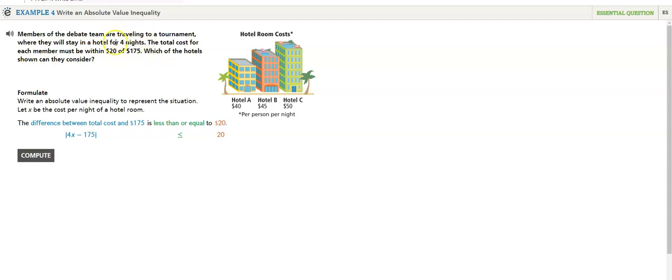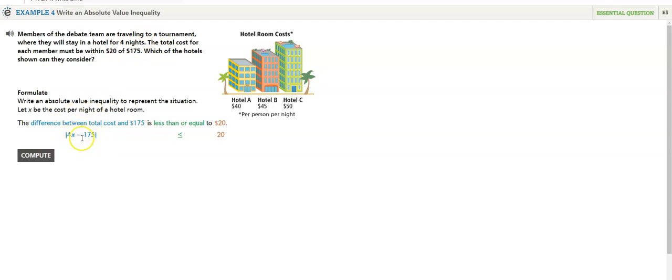And because they're staying 4 nights, we need to multiply the price per person per night by 4. So they're getting 4 times the cost, and it has to be within $20 of $175. So it could be $20 less or $20 more. That's why we're using the absolute value sign.